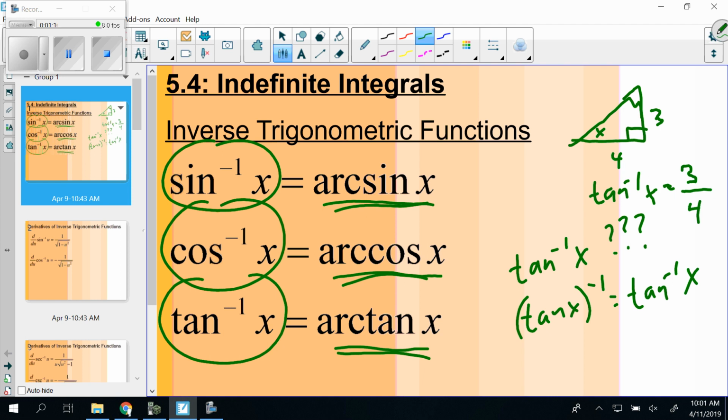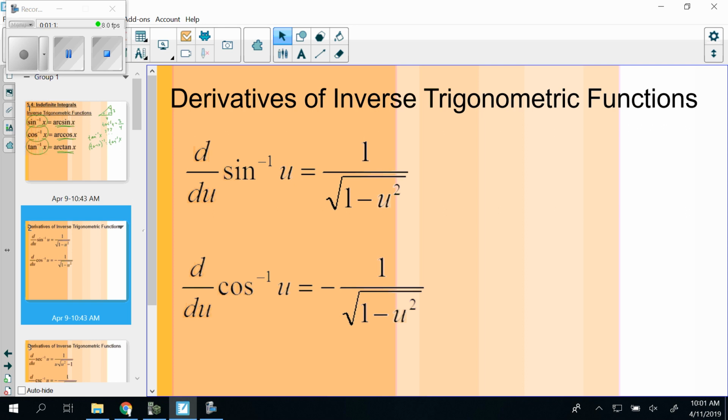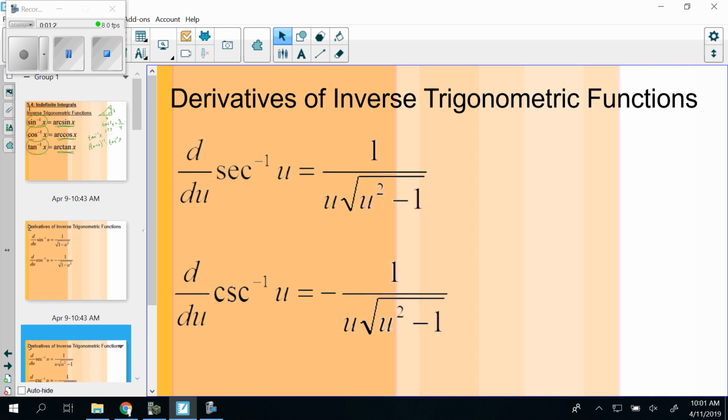All right, what are the derivatives of these functions? Derivative of inverse sine is 1 over the square root of 1 minus whatever you're taking the inverse sine of, squared. Cosine, exact same thing, but negative. Inverse secant is 1 over whatever you're taking the inverse secant of times the square root of that same thing squared minus 1.